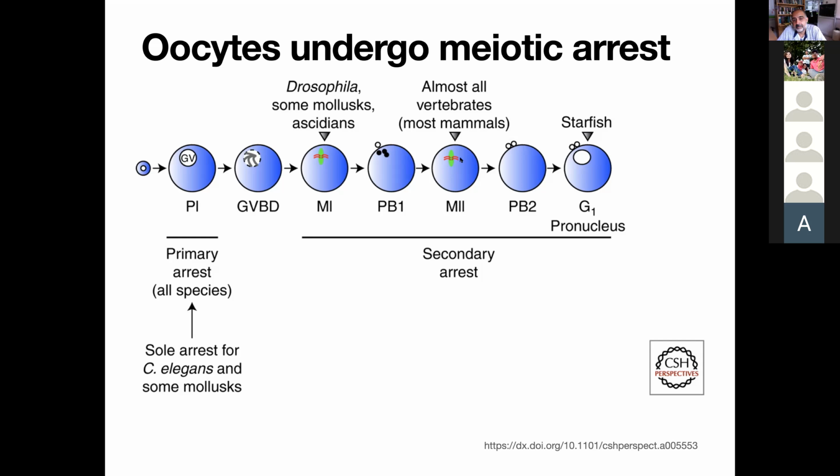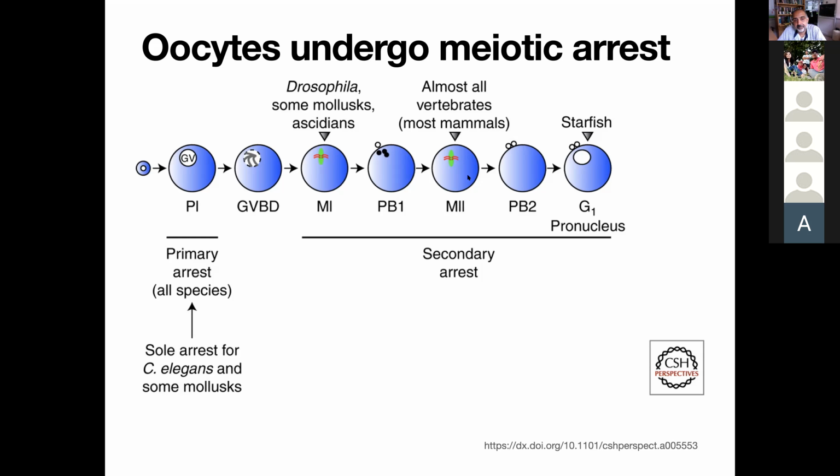I don't remember at this point. Okay. The metaphase 1 arrest is released at puberty. This meiotic arrest here is released on fertilization.